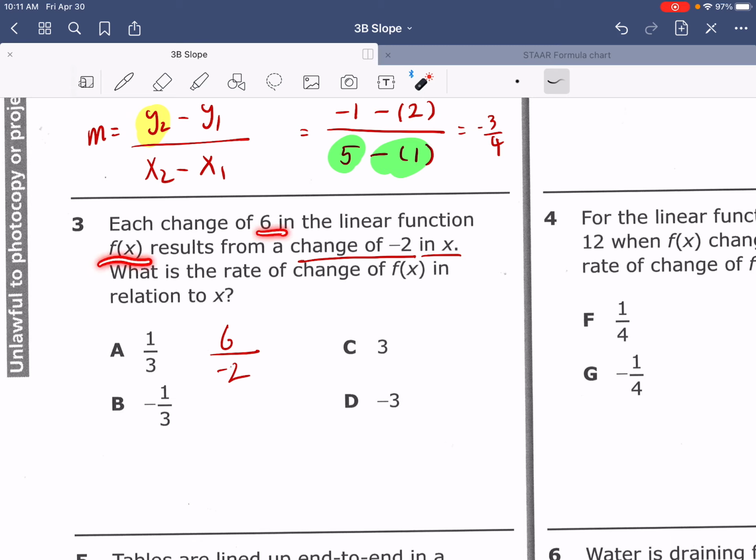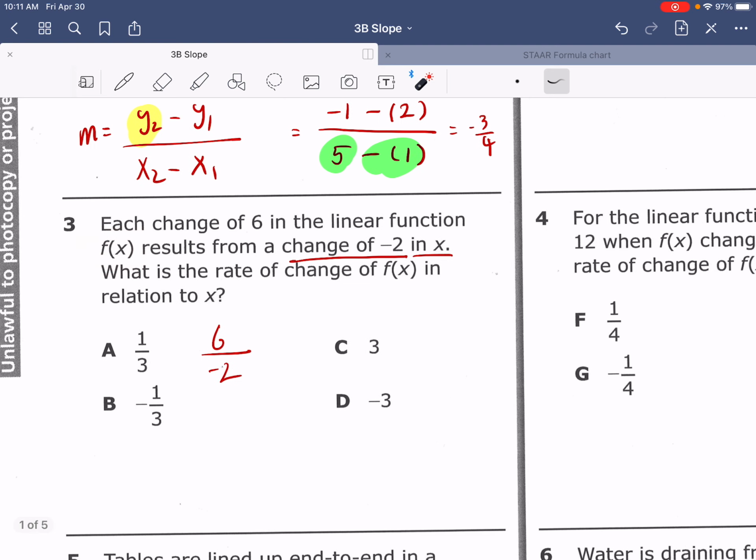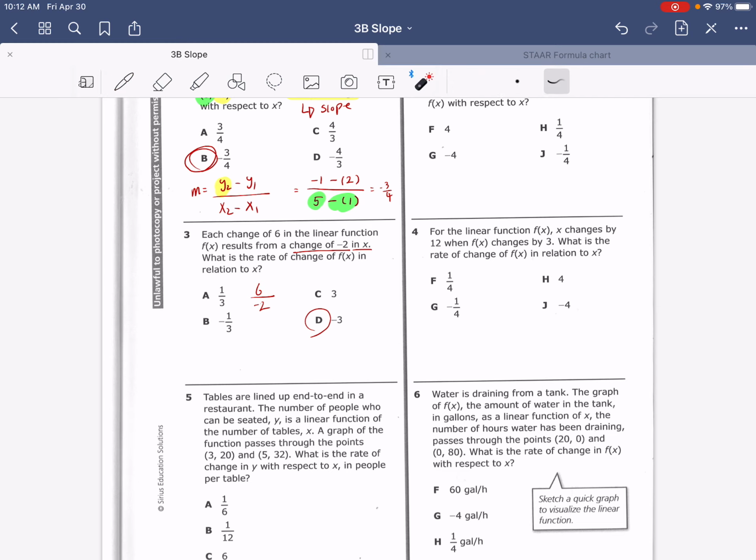Changes in f of x. F of x means y. So change in f of x, which is 6, will result in change in x in the bottom. So 6 divided by -2. You can put this one into Desmos, or you can do it by hand, which you will get D. So that's how you find slope when they say something like that. Changes in means they already did this part for us. Alright?